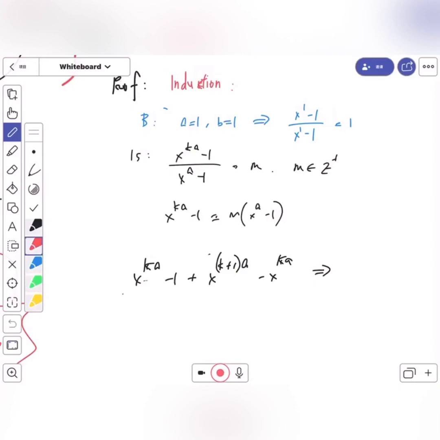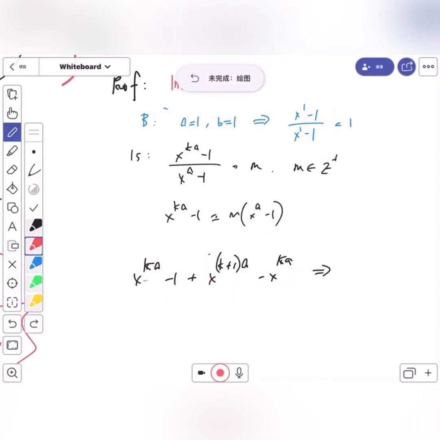So now, this one is an integer multiple of x to the a minus 1 from our claim. Then we just want to show that this part is going to be divisible by x to the a minus 1.